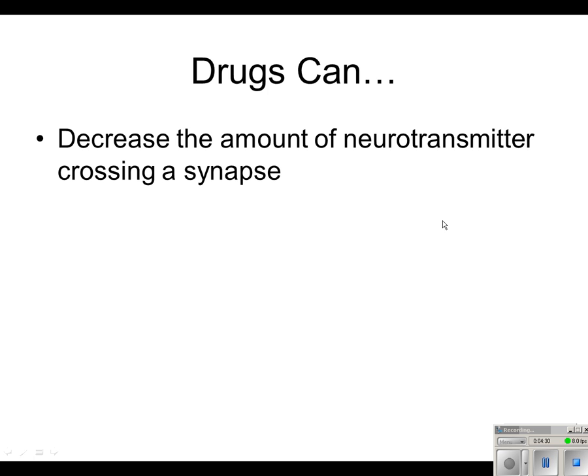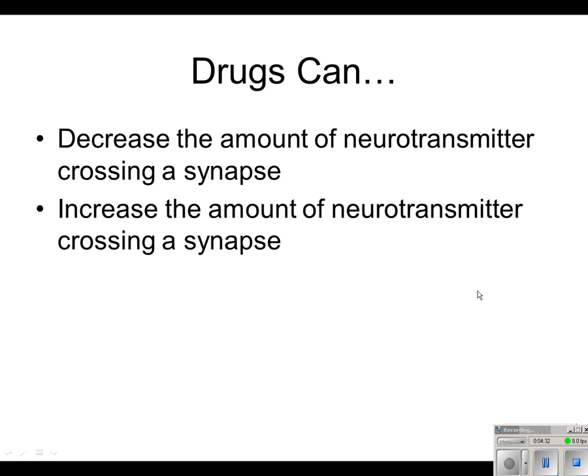Now, drugs can also increase the amount of transmitter that's crossing a synapse, and this can also stop it from being reabsorbed, because neurotransmitters are recycled, kind of like enzymes. So it gets reabsorbed back into those vesicles. But drugs like cocaine, nicotine, and LSD work like this.